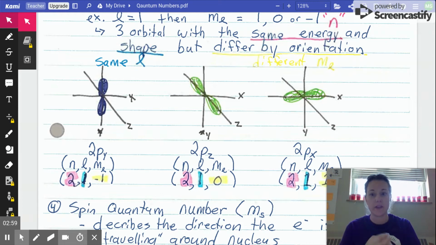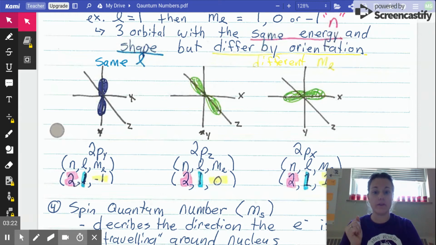So that's where our nucleus is. When the dumbbell shape is up and down on the y-axis, that is ML minus 1. Now, it can also be the same amount of energy, same distance from the nucleus, same shape, but now it's angled like this, coming out towards you and back away from you on the z-axis.